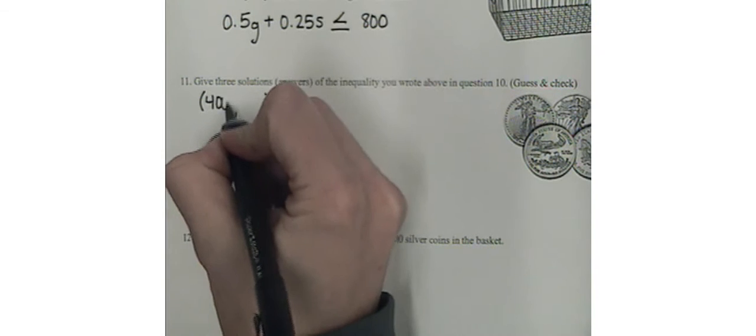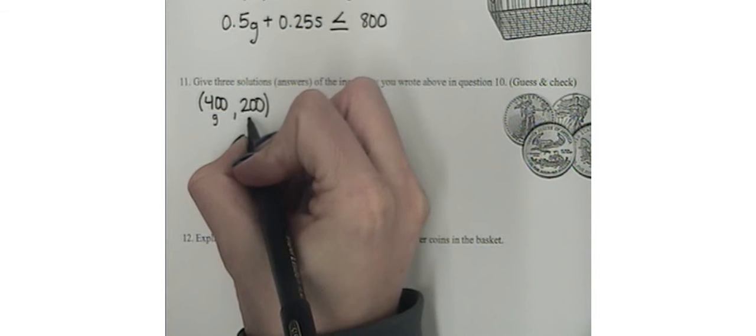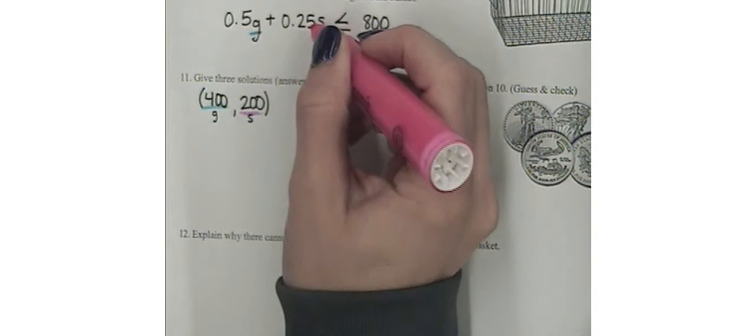So I could say 400, comma, 200, and I'm going to guess and check to see if this is a solution. So what that means is I'm going to take my calculator and I'm going to plug in 400 for G and 200 in for S and see if it works. So this 400 is going to go right here for G, and this 200 is going to go right there for S. So I'm going to write it out, and this is how I would type it into my calculator.